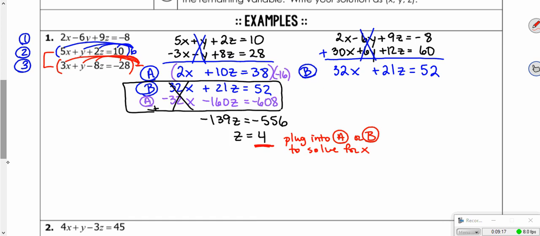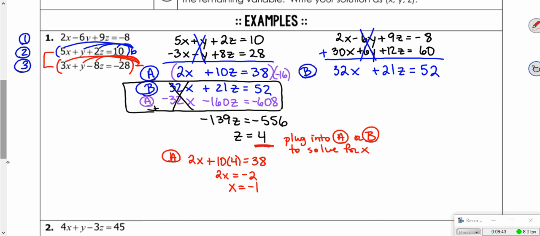So it's going to be a little easier. So for instance, on equation A, I've got 2x plus 10 times 4 equals 38. Well, this is going to give me 2x equals negative 2 because 10 times 4 is 40. And then if I subtract it over, x is negative 1.